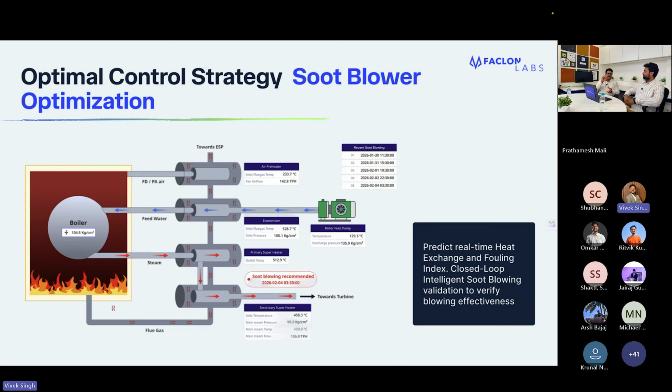Soot blowers pass flash steam so that it can remove all that ash, which is then collected at the bottom, right? Right, okay. So such kind of closed loop functionality, where we control the entire DCS system, is what can be done through AI agents.